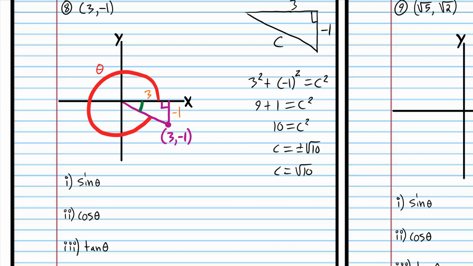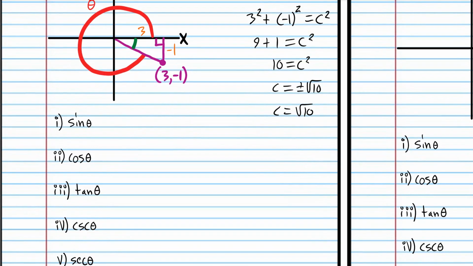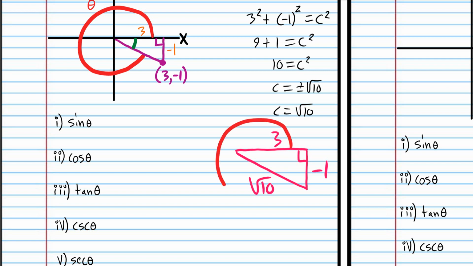So we're ready to draw the triangle that we need to find these values. So this side is -1, this side is 3, and this side is root 10. And the angle theta is that angle there.